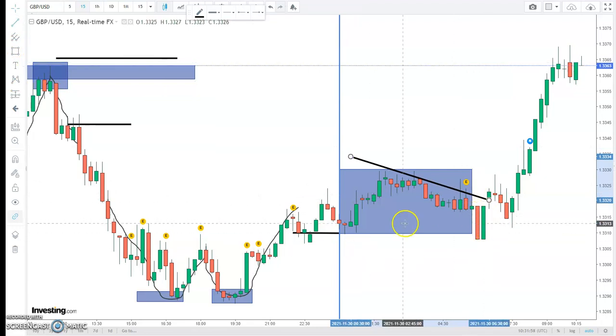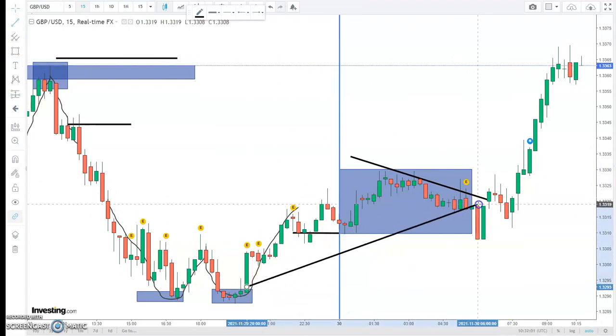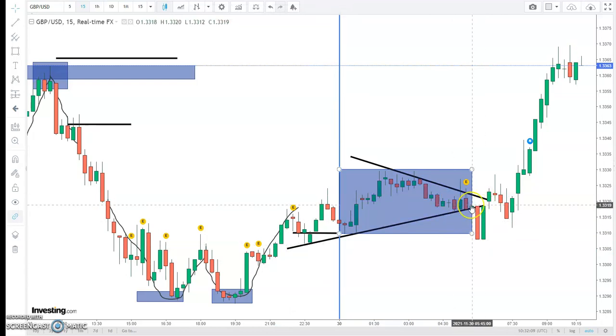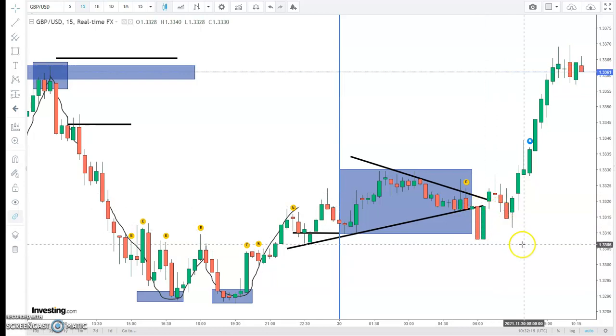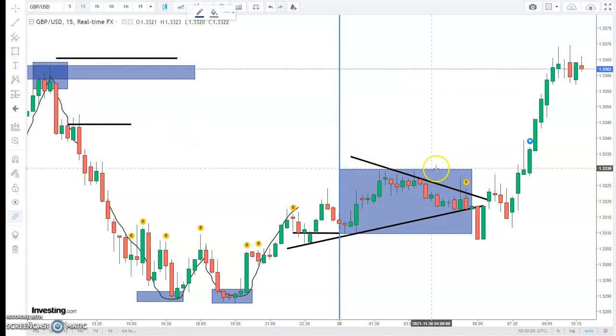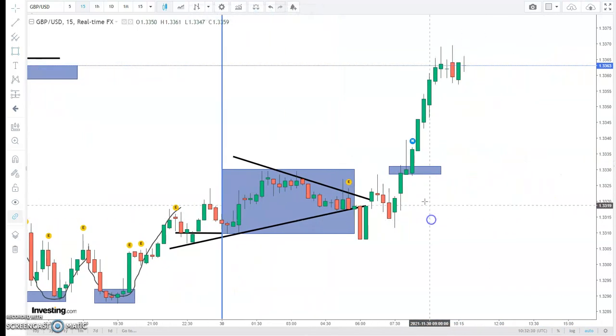There are our wedges. And what did price do? Price broke down past the Asian session, and then came all the way back up again. Where would you have entered? Your entry, around the Asian high. That's where you would have entered long. Had you entered long there, you would have been in the money.